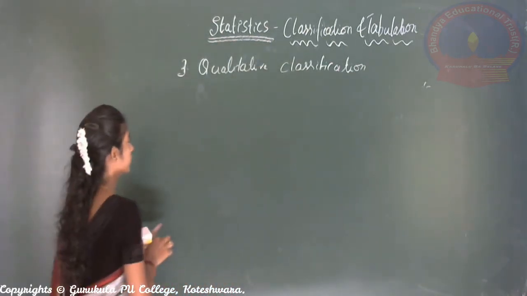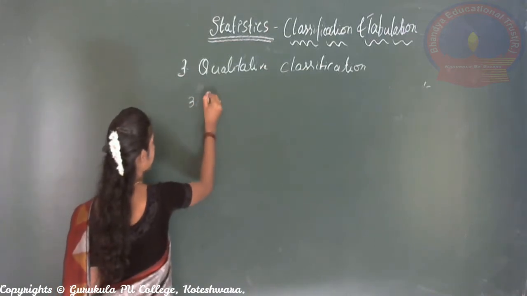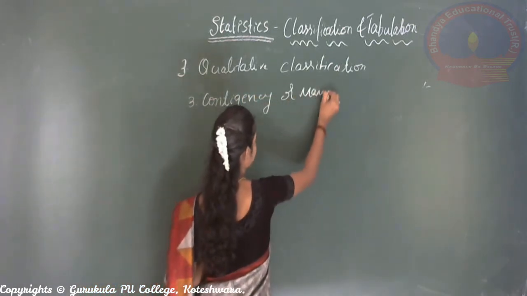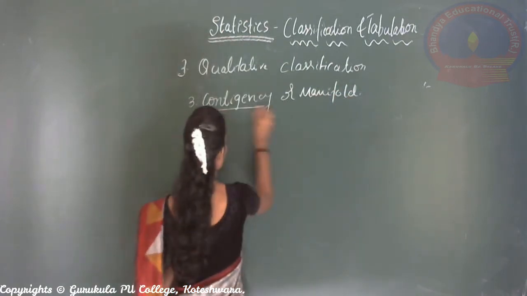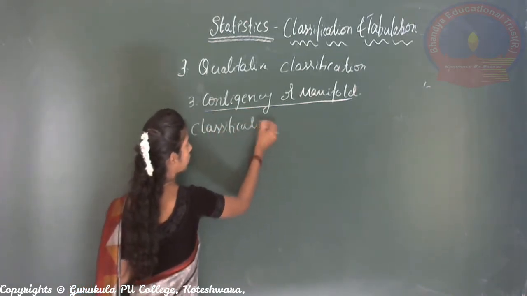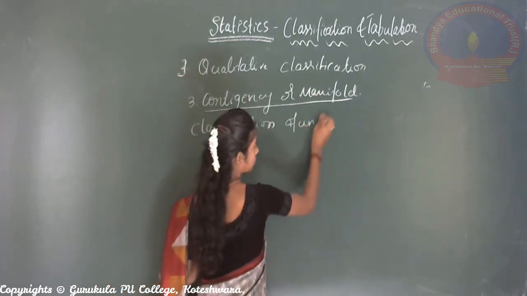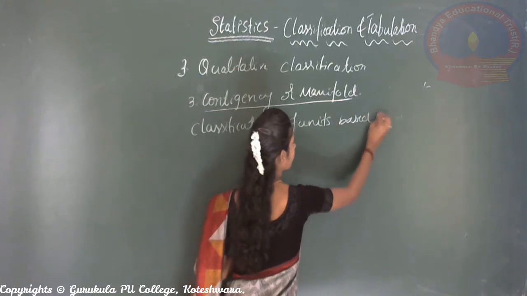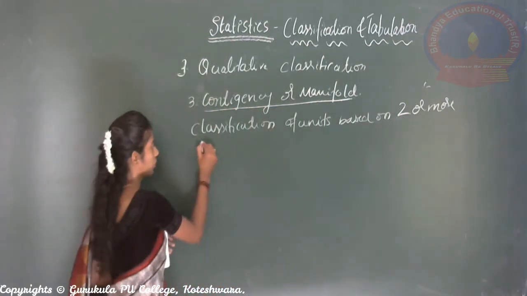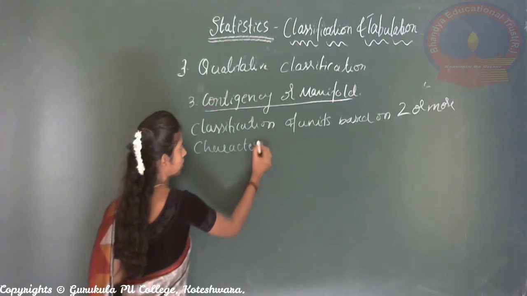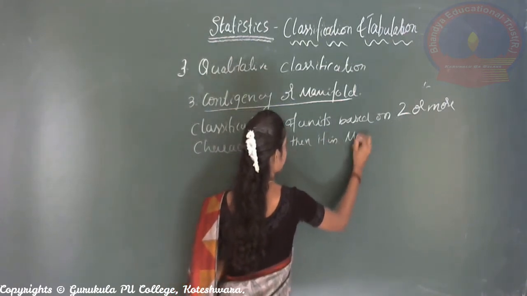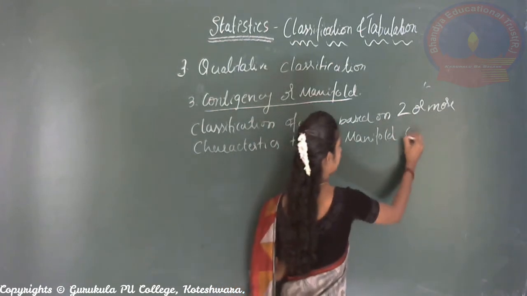Here a contingency table is nothing but classification of the units based on two or more characteristics, then it is a contingency table or manifold classification.